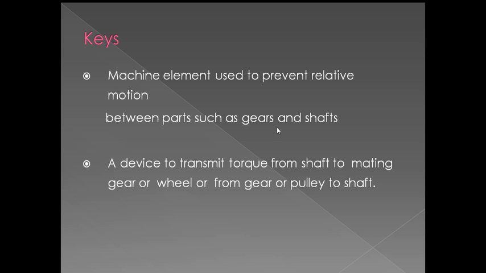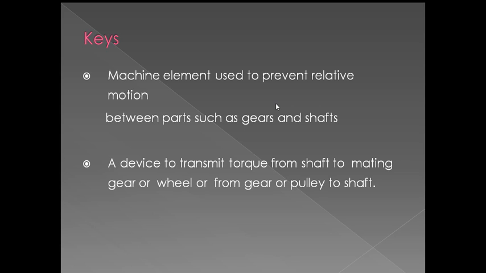It exactly transmits the power the shaft has to the mating hubs like gears, pulleys, or whatever the external part is. So it is a device to transmit torque from shaft to mating gears or wheels, or from the gear or pulley to the shaft, in a positive way, with no chance of slip between the shaft and the external parts.